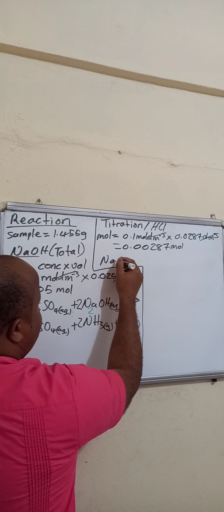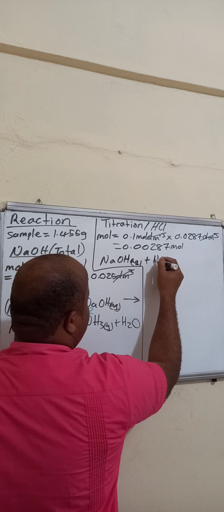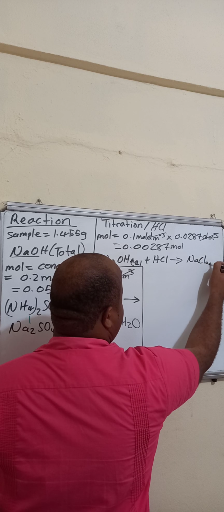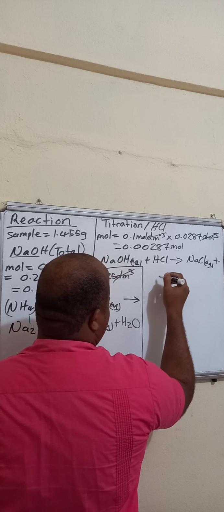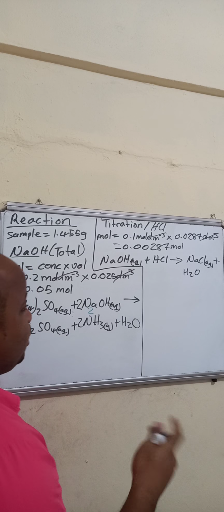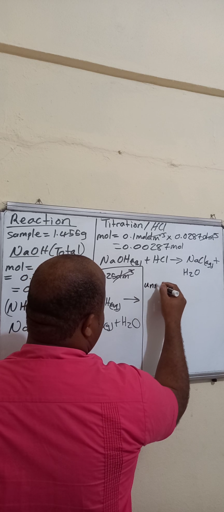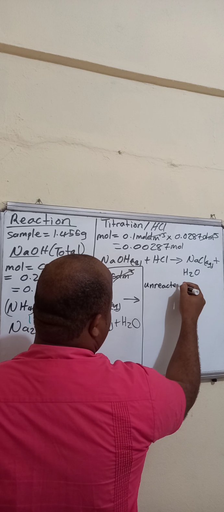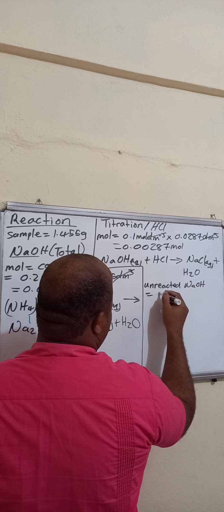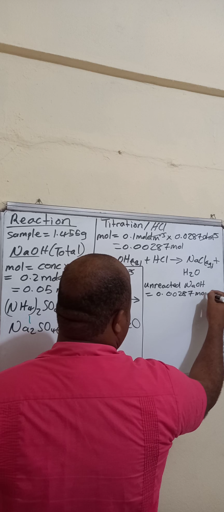Sodium hydroxide was in excess, so it's sodium hydroxide plus HCl, get sodium chloride and water. And we know sodium hydroxide, HCl, it's a 1-to-1 mole ratio. So the unreacted NaOH is equal to 0.00287 moles.